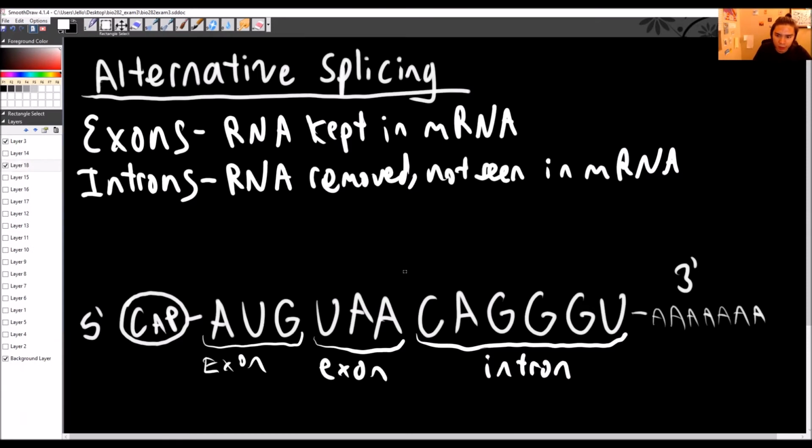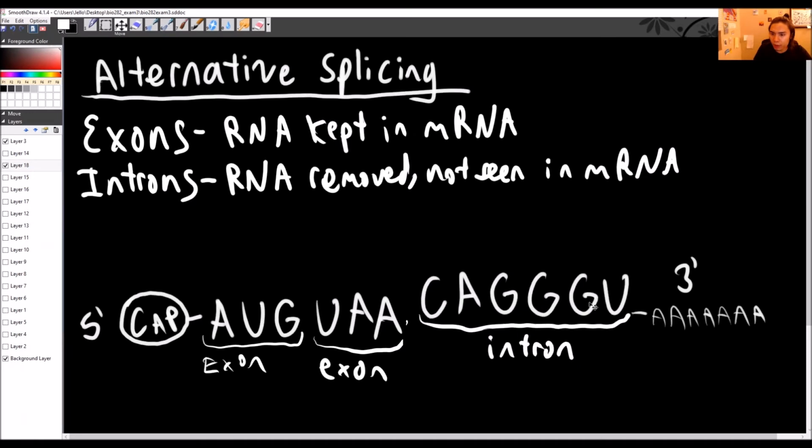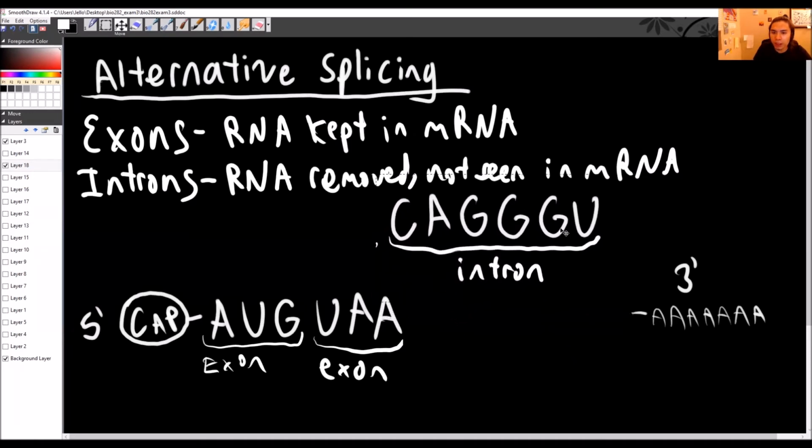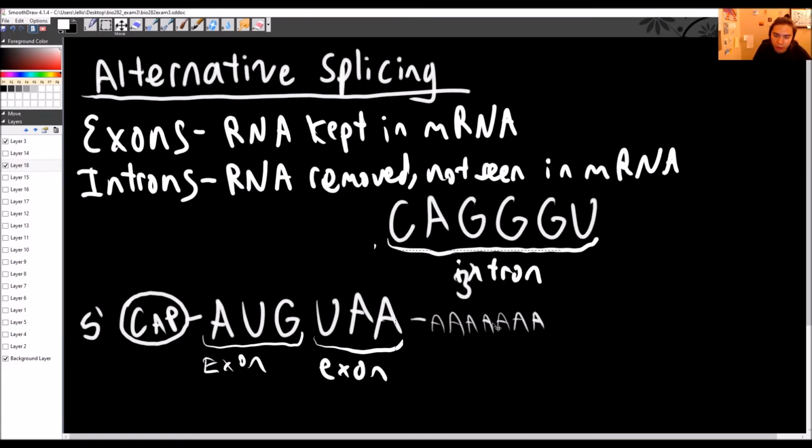So we did the exact same thing that we did earlier. The protein will come, it'll cut on both sides, and then it'll splice together the remaining exons like that. So you see that this is a truncated mRNA, which will result in a different protein.